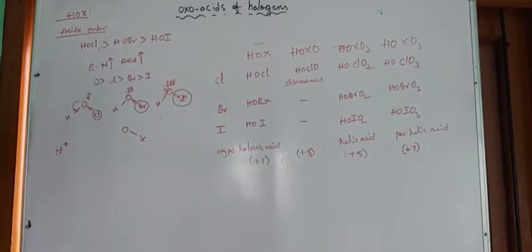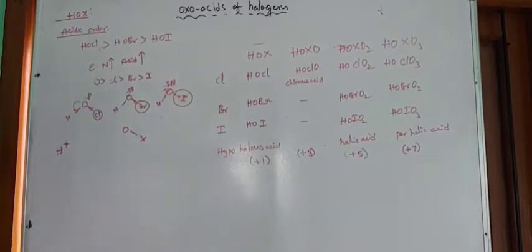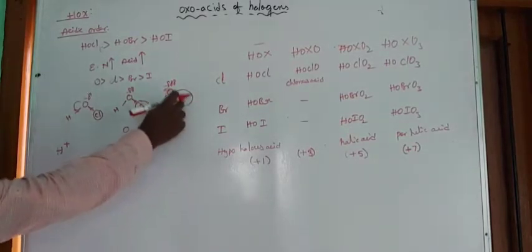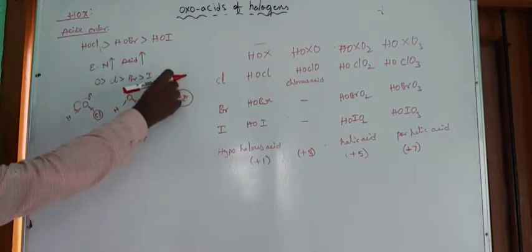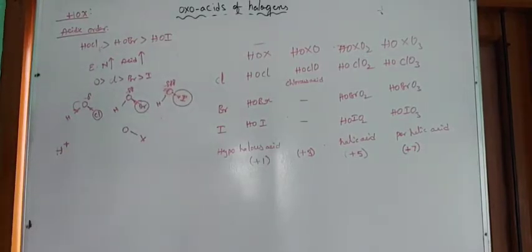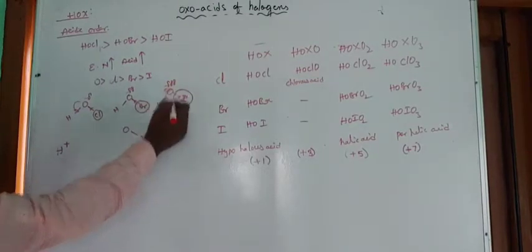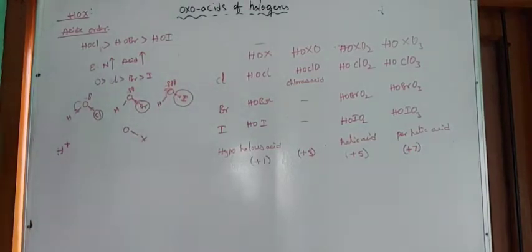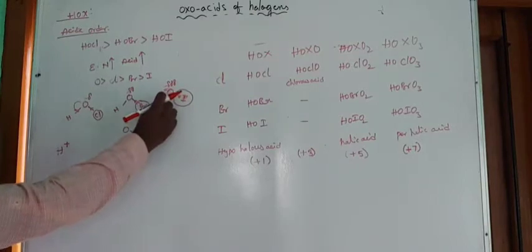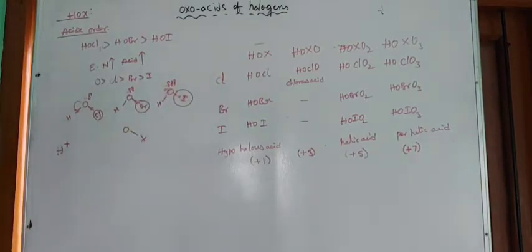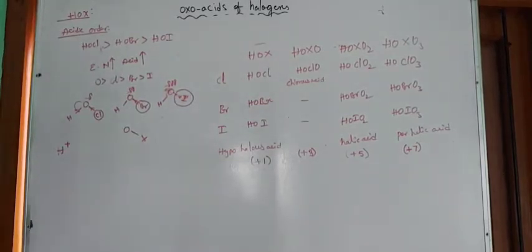The strength of the acid depends upon the capacity to donate the H plus ion. But in this case, oxygen has more electron cloud and it won't focus on the bond pair of electrons between hydrogen and oxygen. That's why the removal of H plus here is very difficult. Right? So due to this reason, HOCl contains more acidic character than HOBr and next one HOI.